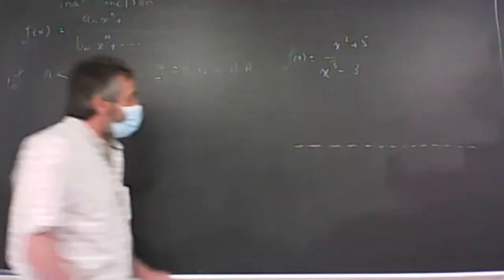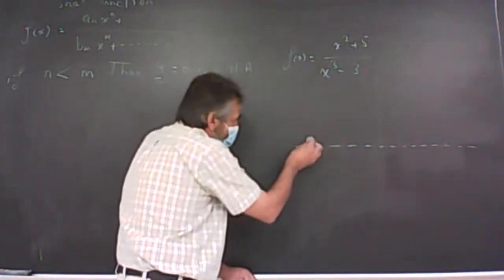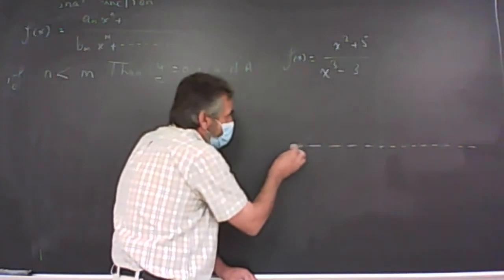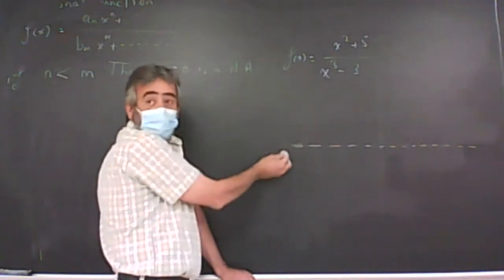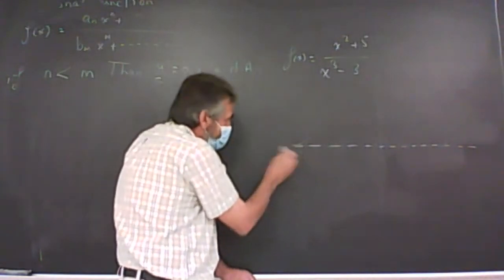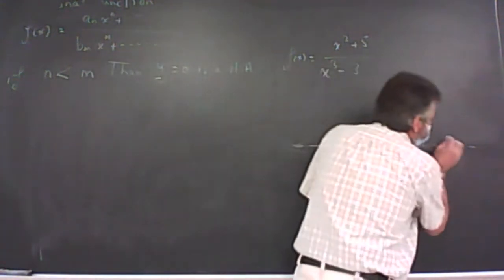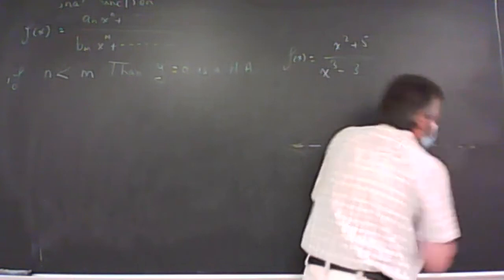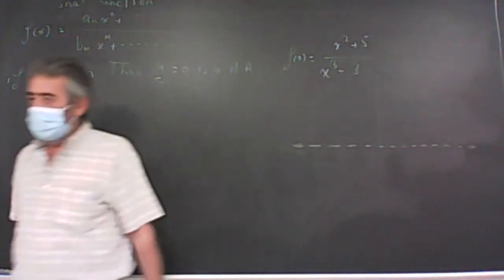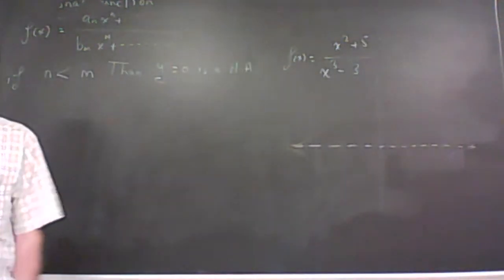What does that mean? That means at the end of the line, the graph either goes like this if it's coming from the top, or goes like this if it's coming from the bottom. That's what it means.